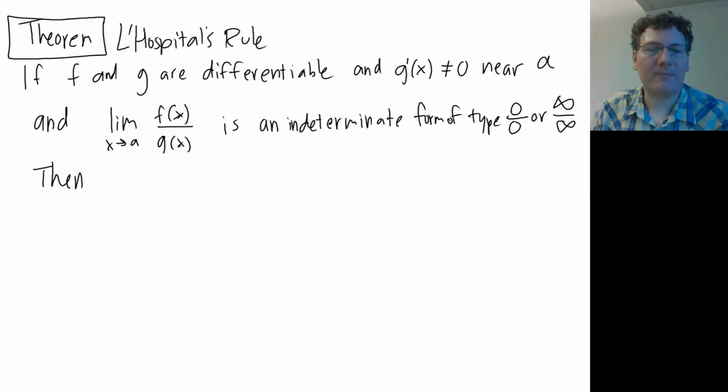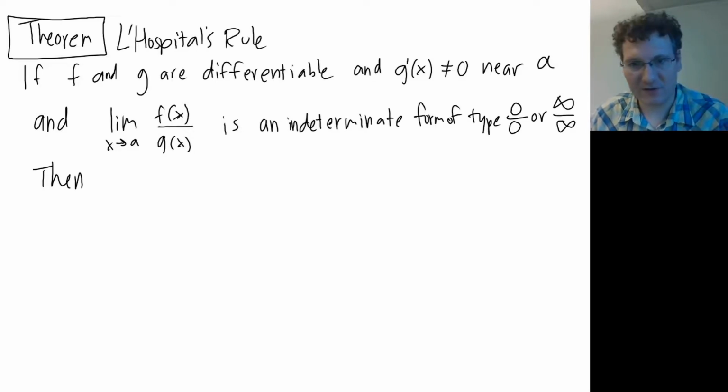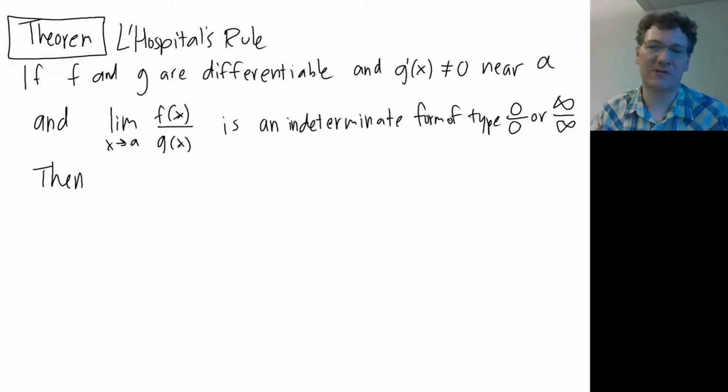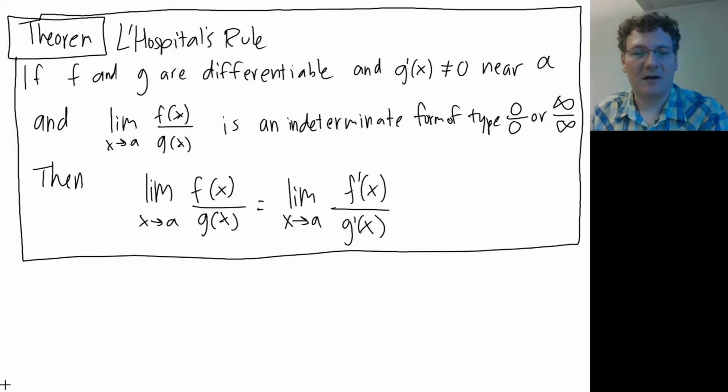So this is L'Hôpital's rule: if your functions f and g are differentiable, and as long as g prime of x isn't equal to 0 near a, and if the limit of f of x over g of x as x approaches a takes an indeterminate form of either type 0 over 0 or infinity over infinity, then the limit of f of x over g of x as x approaches a is the same as the limit of f prime of x over g prime of x.